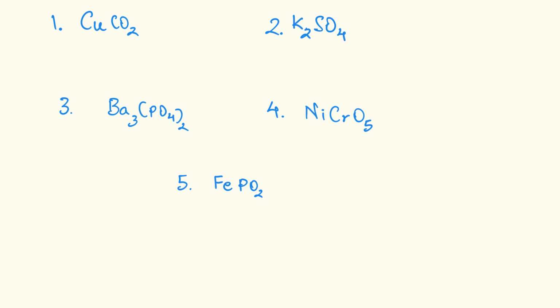Alright, so these are your 5 examples that I want you to work on. Please make sure that you understand that these are all ternary ionic compounds, meaning that they are composed of a metal part and then a polyatomic ion.